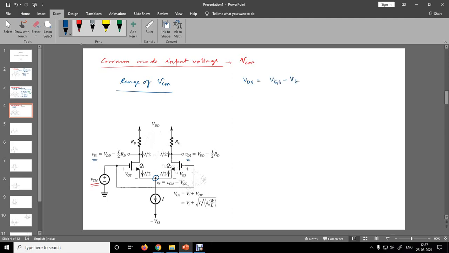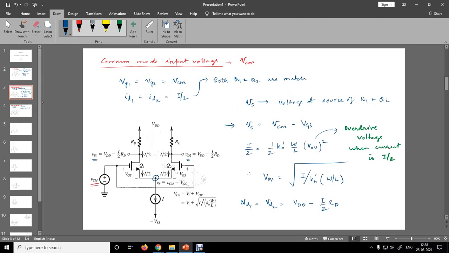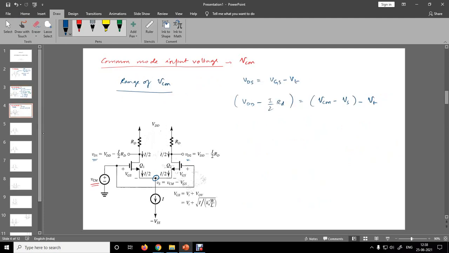The drain voltages of all the MOSFETs are the same: VDD minus I by 2 into RD equals VGS minus VT, where VGS is VCM minus VS. As we saw earlier, VGS is VCM minus VS. From this, VCM max is equal to VT plus VDD minus I by 2 into RD. This is VCM max.